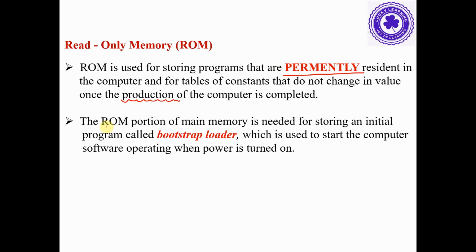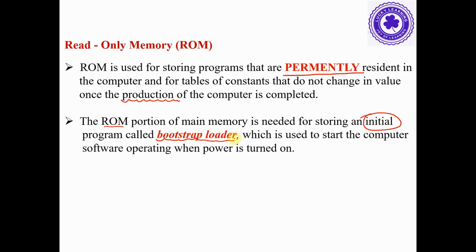Generally, the ROM portion of main memory is needed for storing initial programs. Whenever you switch on the power button, the operating system is to be loaded. To load that operating system, we require a program called the bootstrap loader.